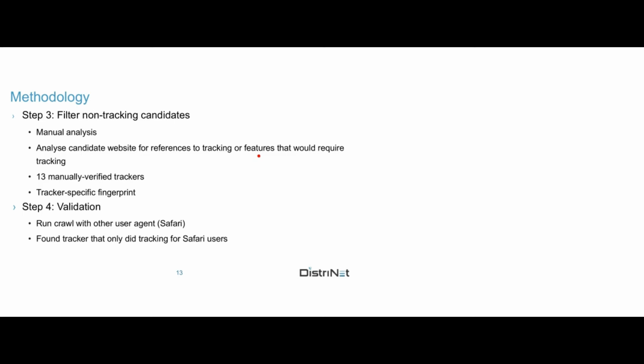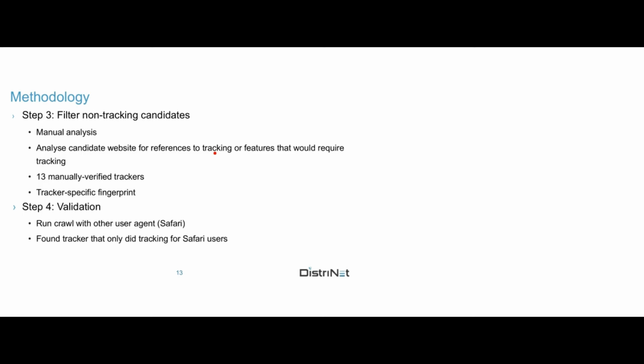And for each of the trackers, we were able to build a tracker-specific fingerprint, allowing us to distinguish CNAME-based tracker requests. So this could be, for instance, the same tracking script being accessed again and again. In the last part, we ran an additional crawl with a different user agent, namely Safari, because of the intelligent tracking prevention I mentioned earlier.